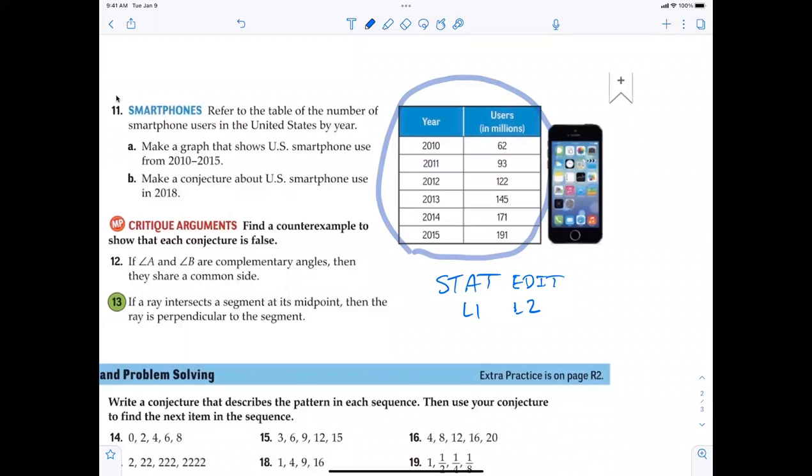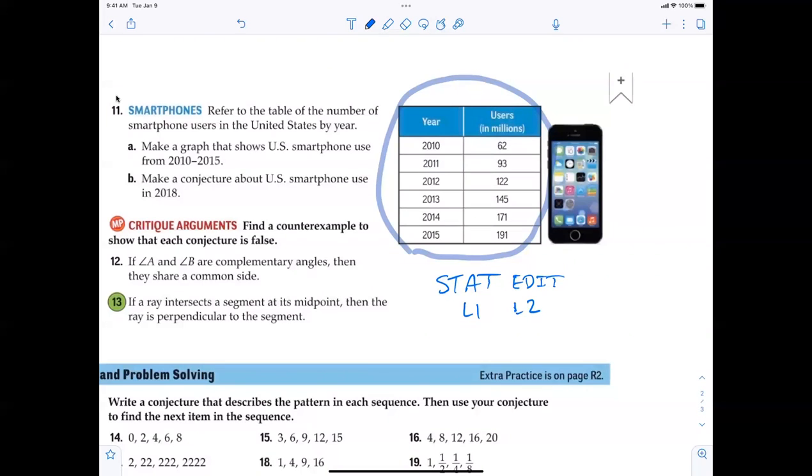All right. So now what I want to do is, do I really want to plug in 2010 or is it okay just to plug in 10? Let's do 10. Then we would just know that we're talking about 2010. So everybody's under L1, type in 10, 11, 12, 13, 14, 15.